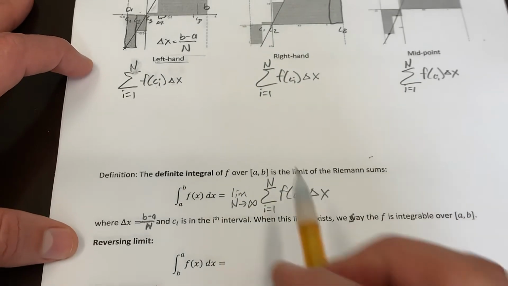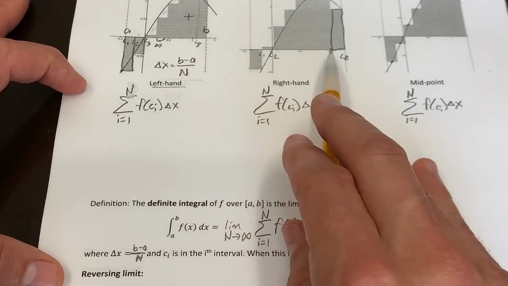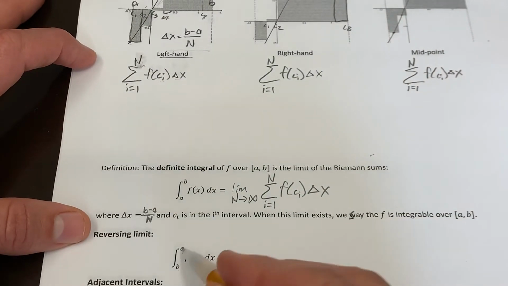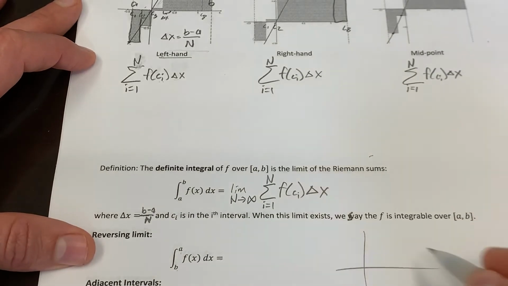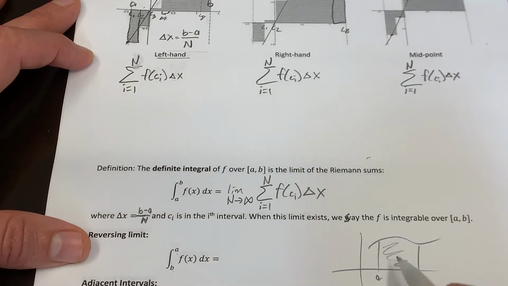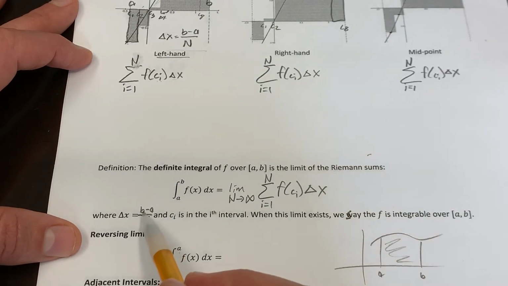Now, there are a number of properties that come immediately from thinking about what the definite integral is. What happens if you reverse the limits? So what happens if you had this picture going from a to b? You knew, oh, I know that's the integral from a to b. Notice the subtlety. I integrated from a to b here. What about integrating from b to a? Well, if you think about this equation, what happens if b and a switch here?